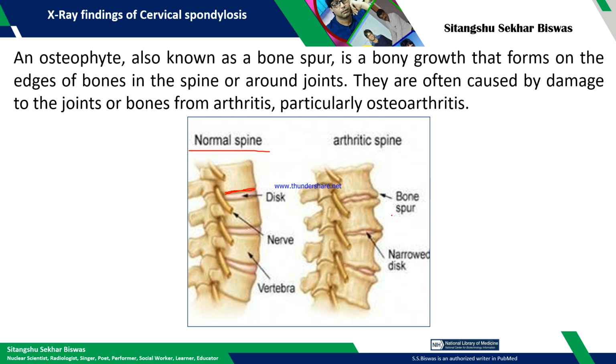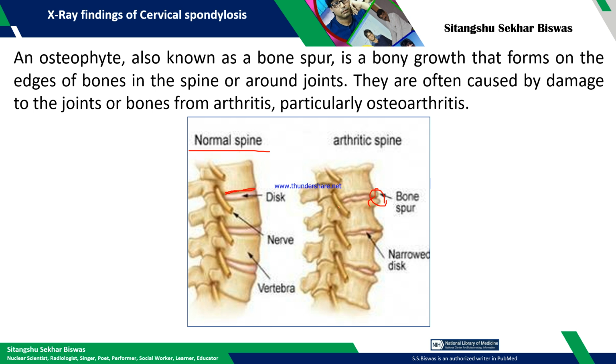Now if you see an arthritic spine, you can see there is a growth in the edges. So this is called osteophytes.